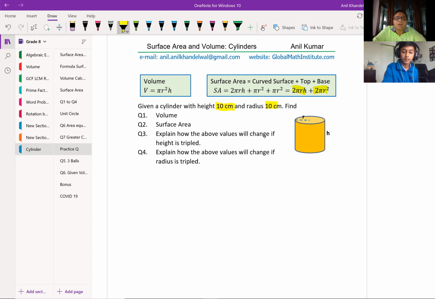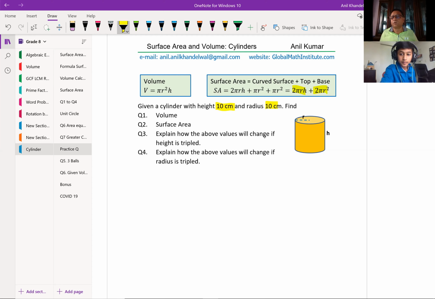Now, you can just do the calculation and tell me the answer for question number 1 and 2, and then we'll discuss 3 and 4. 3,140 centimeters cubed.